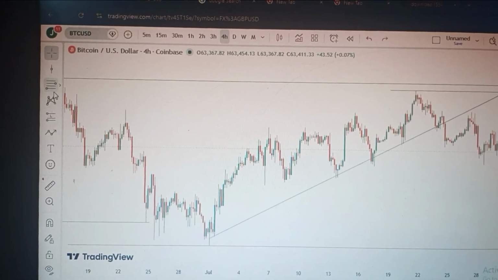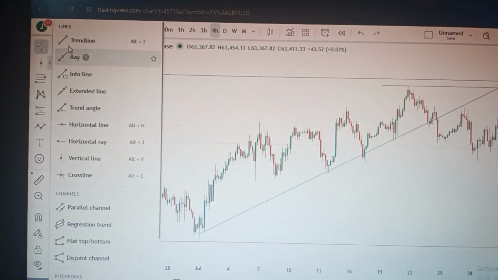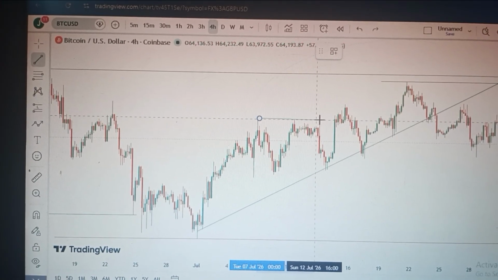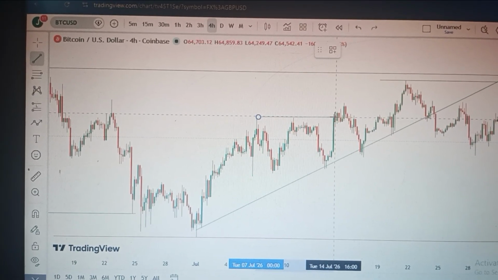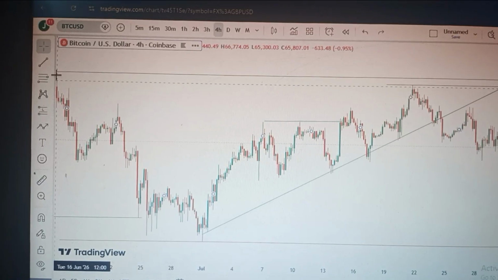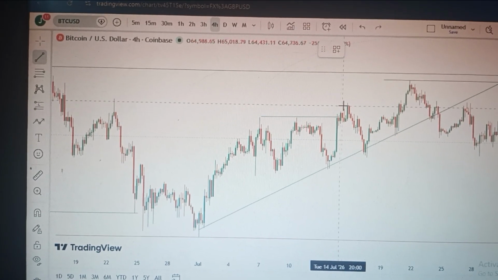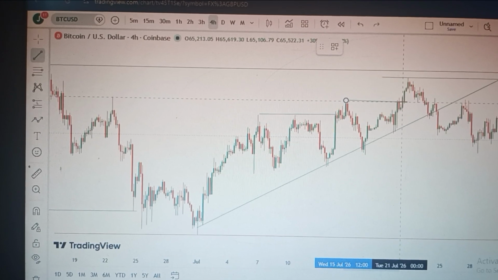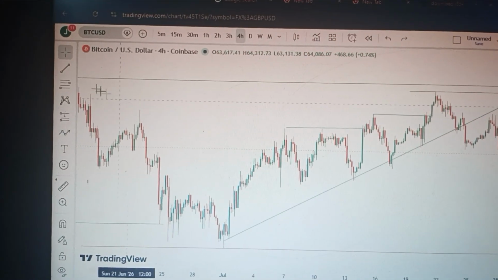Now, if we try to map out the structure here, let's start from here. We have this push. We have this break here. Hold on.